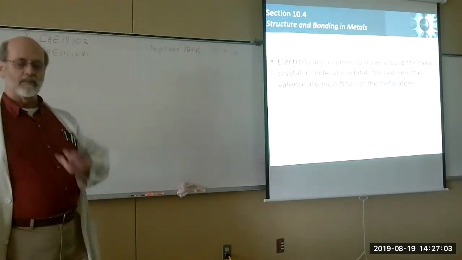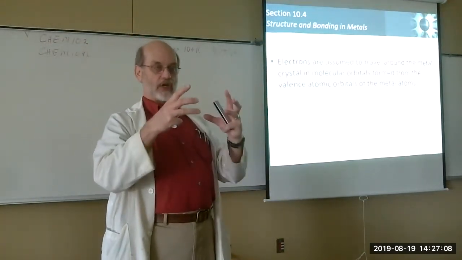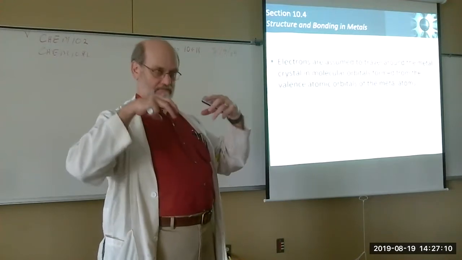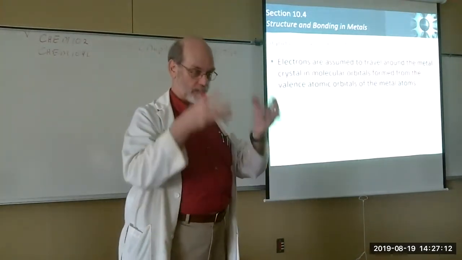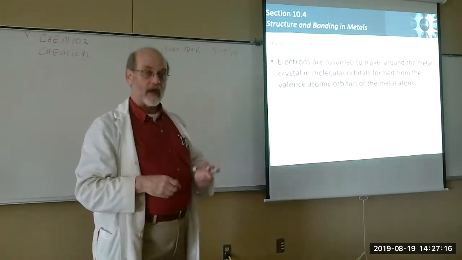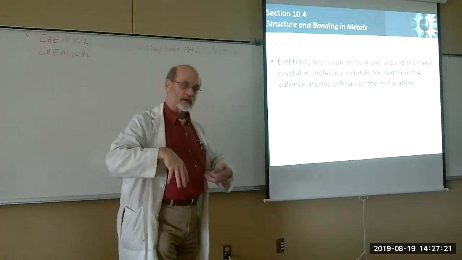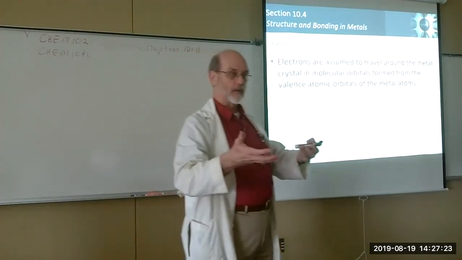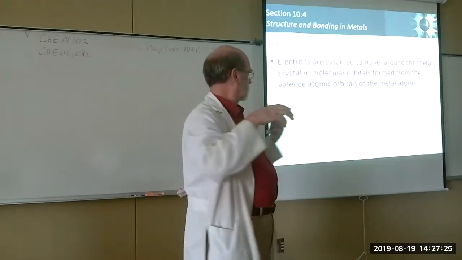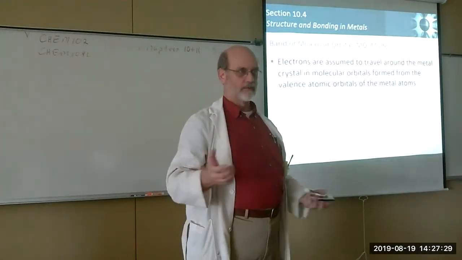And remember, the molecular orbital theory takes every atom in the chunk and creates molecular orbitals from all of those atoms. So what does that do? Well, if you've got all of those atomic orbitals going in to make molecular orbitals, the total number of molecular orbitals is huge, right?